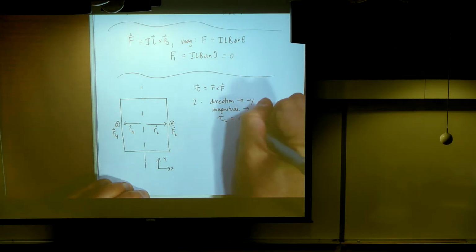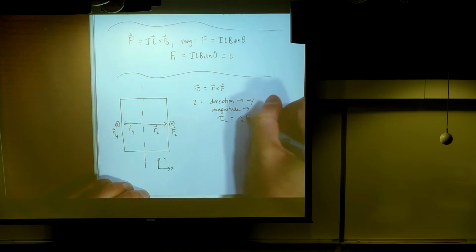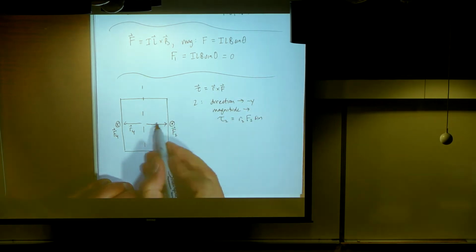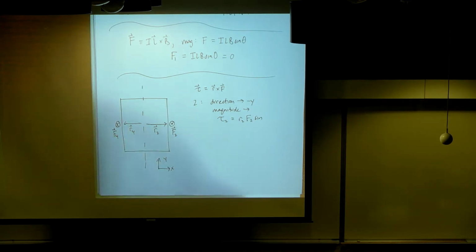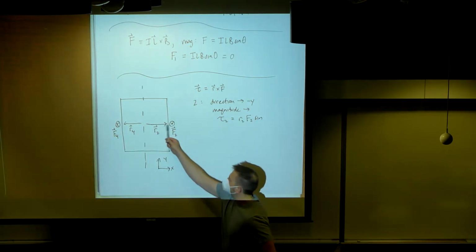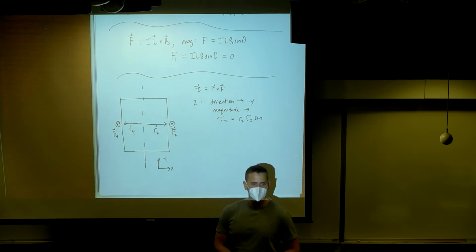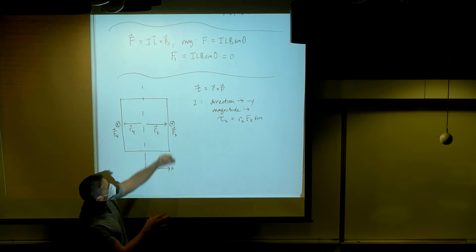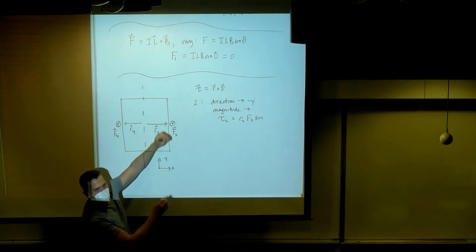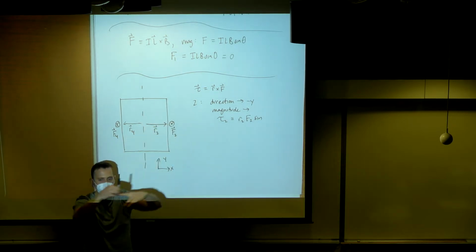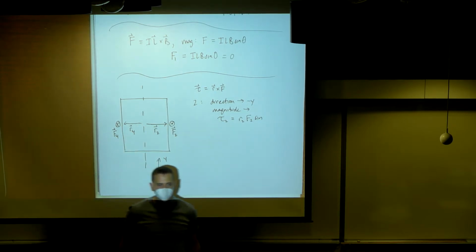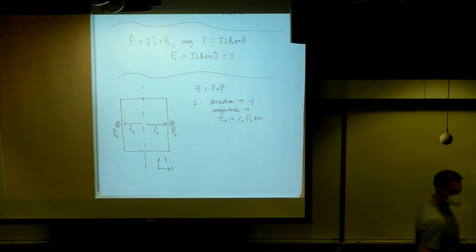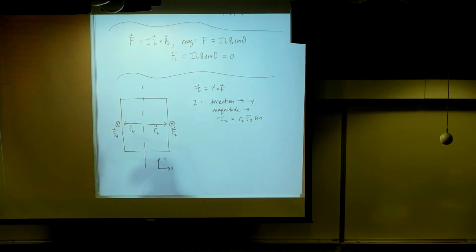It's going to be the distance R2 times that force times the sine of the angle between this vector and that vector. What can I say about the angle between this vector and that vector? Should be 90, right? Look, if this vector is on the page, and this one's coming right out of the page, think about that. That's a 90-degree angle between them, okay? That's always going to be the case if you have one vector out of the page and another vector on the page, okay?